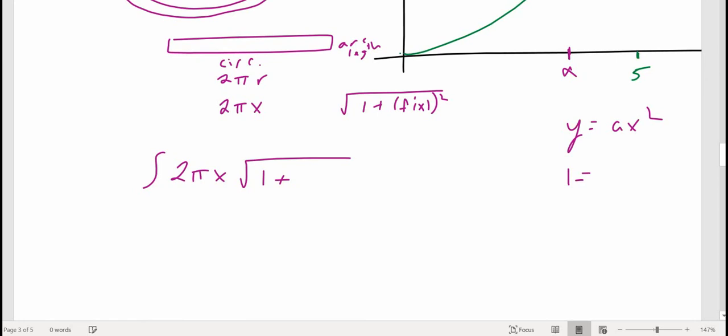So we know 1 equals a times 25, so a is 1/25. So our function is 1/25 x squared.